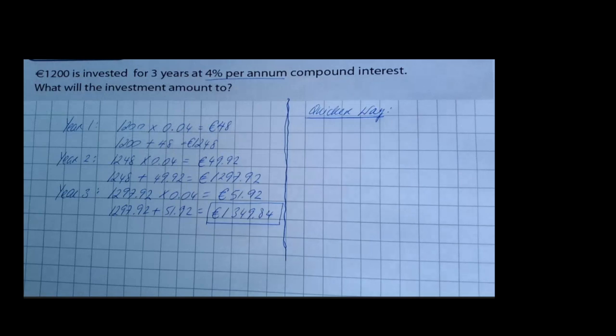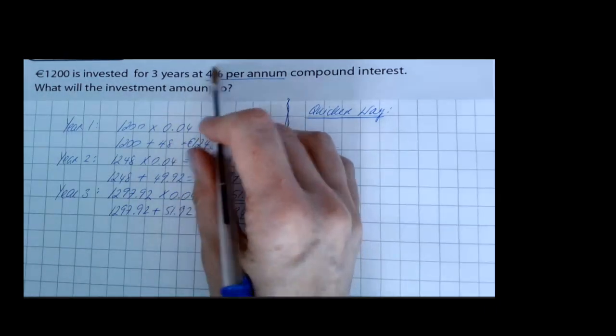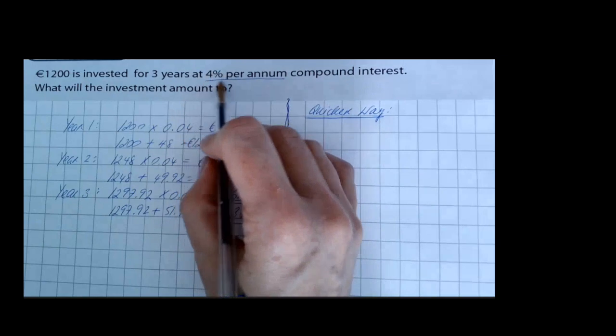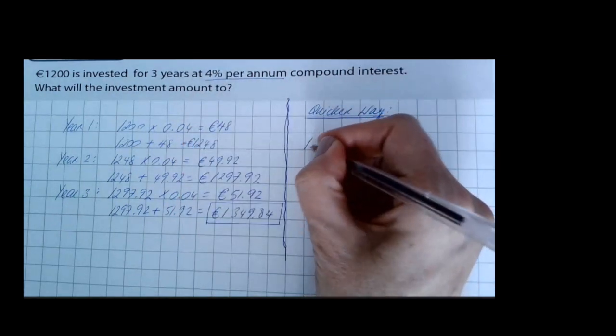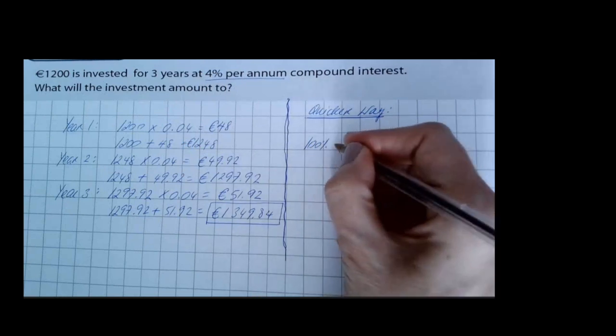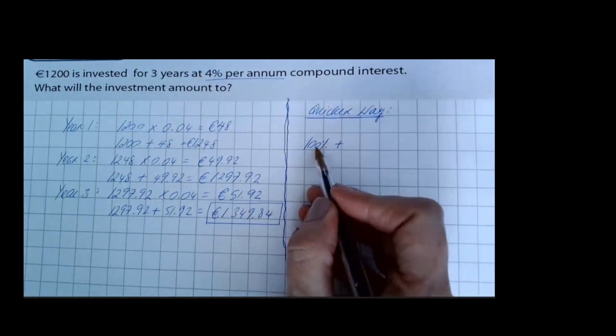Okay, so if you remember from our percentage increase and decrease video, I did show you in that video a quicker way of increasing an amount by a percentage. And it was looking at the percentage. If you want to add 4% on, then basically the percentage that you're looking for is always your original 100%.